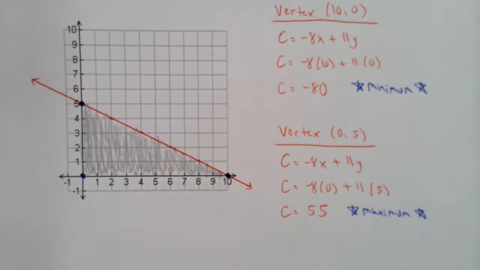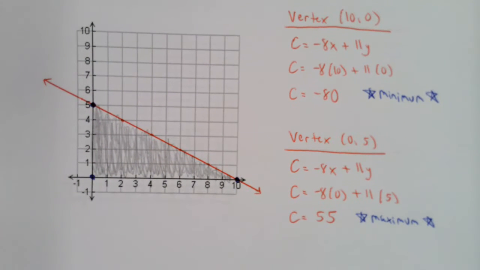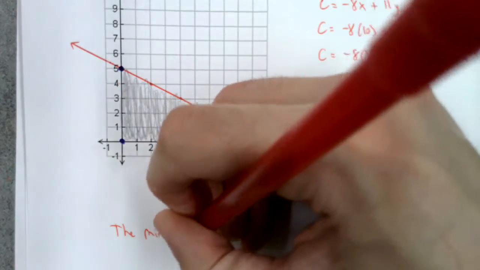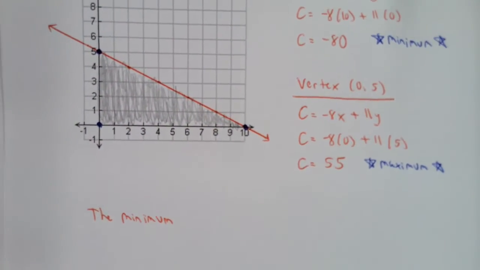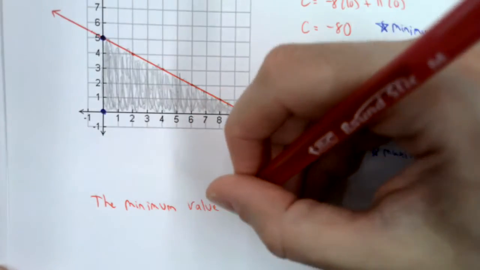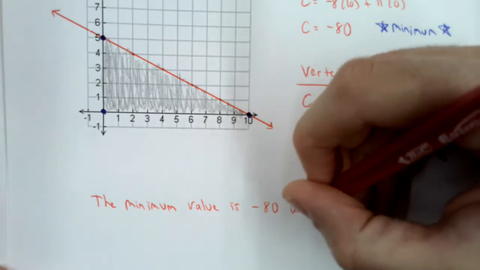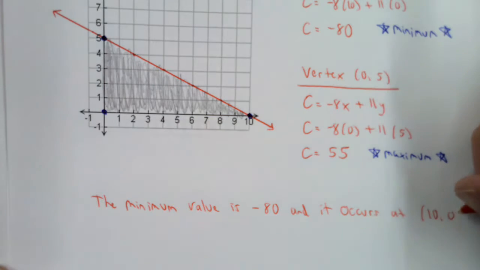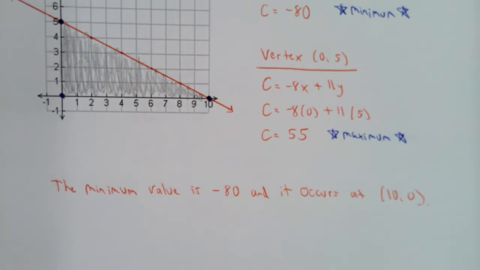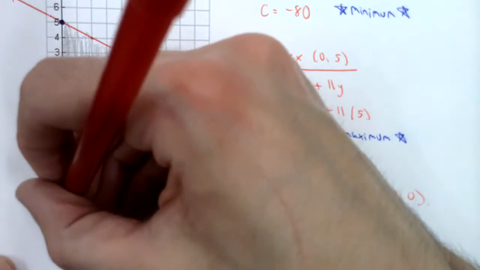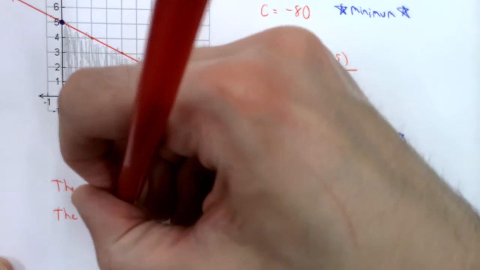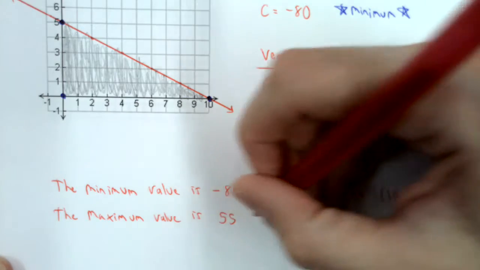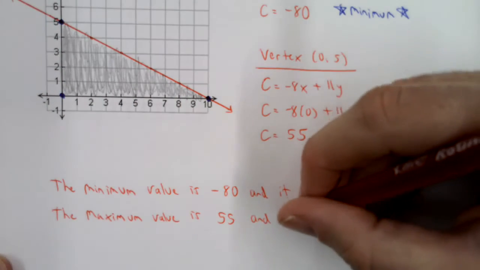But I want you to write the answer a certain way. The minimum value is negative 80, and it occurs at (10, 0). The maximum value is 55, and it occurs at (0, 5).